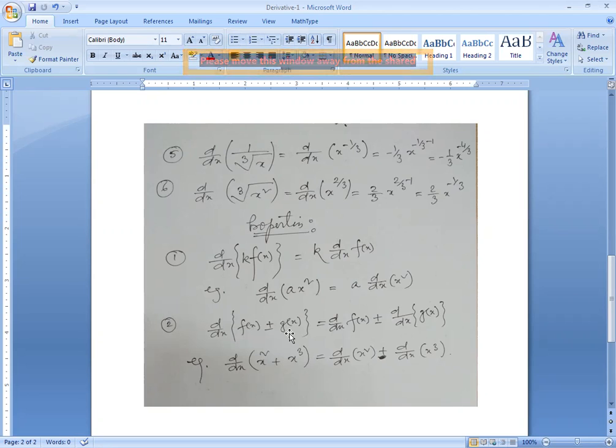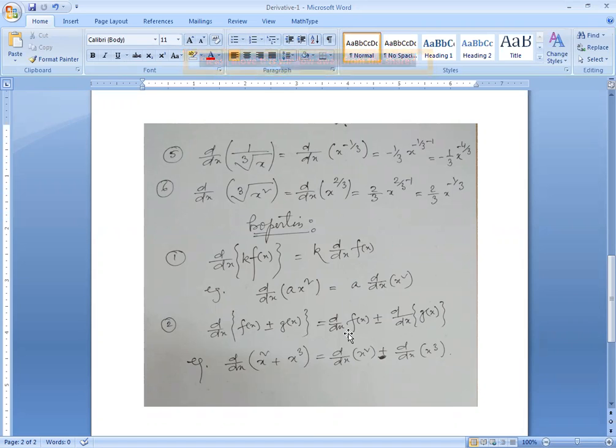So term-wise or function-wise, we can differentiate. Whatever sign is there will be carried out accordingly: d/dx of the first, if it is plus then plus, if it is minus then minus, d/dx of the second. Very simple property. Whatever terms or functions are there, you can go ahead with differentiation term-wise or function-wise.